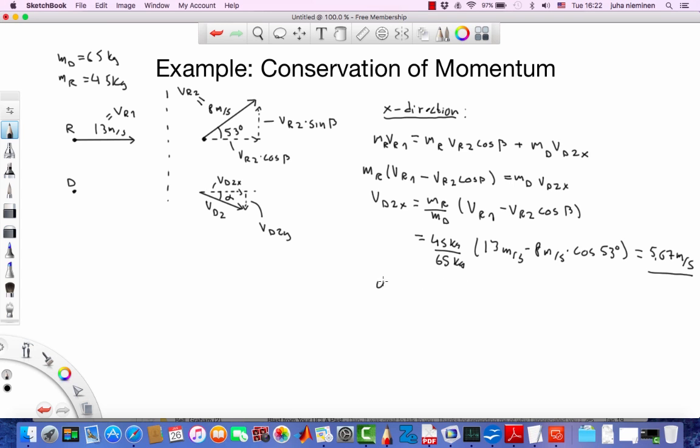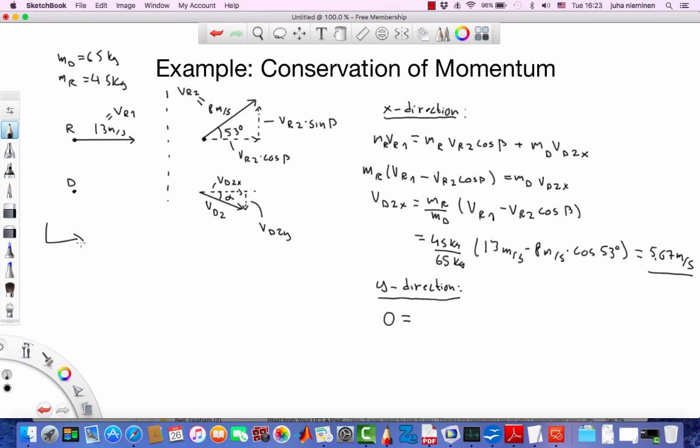Now, same thing in the y direction. Initially, we have no momentum in the y direction because Rebecca is going horizontally, just in the x direction. So we have 0 to begin with, and we must have 0 to end with. So in the end, Rebecca's is in the positive y direction, so let's make it clear.